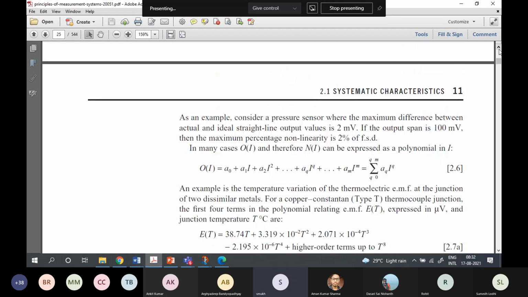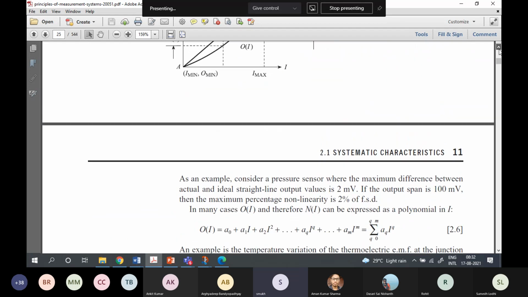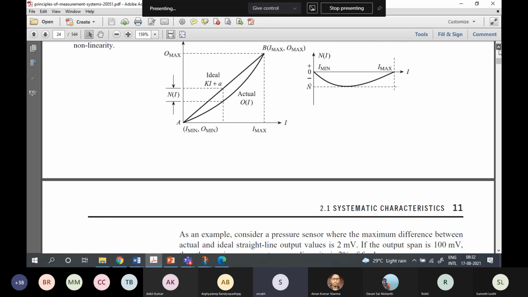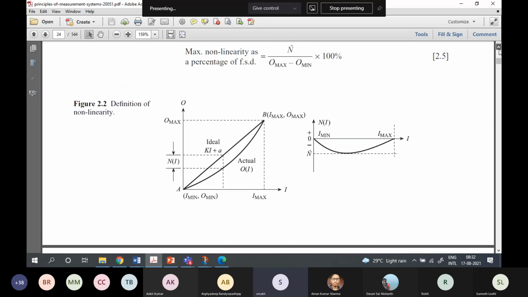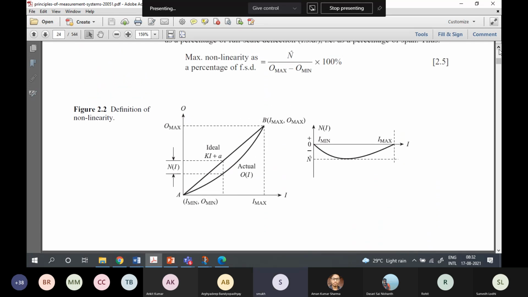What is nonlinearity? We have already seen that if we describe the instrument by a straight line, and we say that it has a sensitivity K and an offset A, this is the line. In this case, the way it is drawn, A seems to be 0.